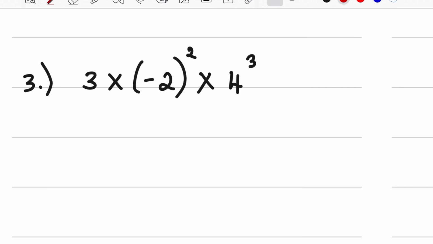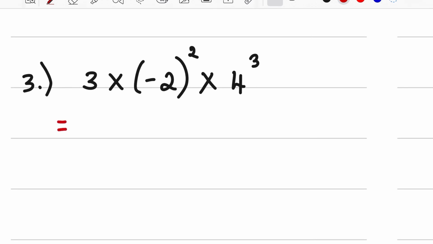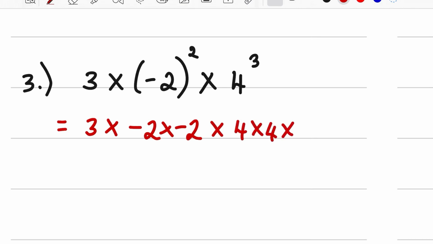Now for question 3, we have 3 multiplied by minus 2 squared, so that's minus 2 times minus 2, multiplied by 4 cubed, which is 4 times 4 times 4. So we'll rewrite the 3.